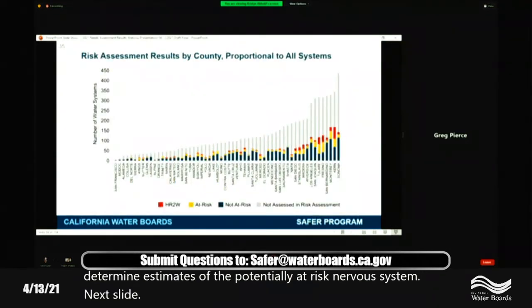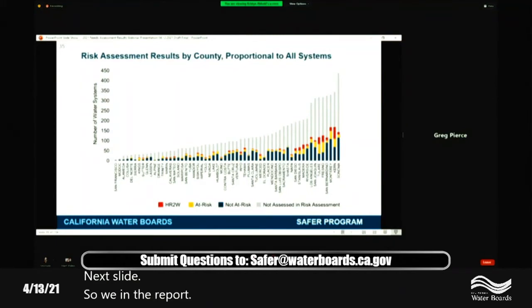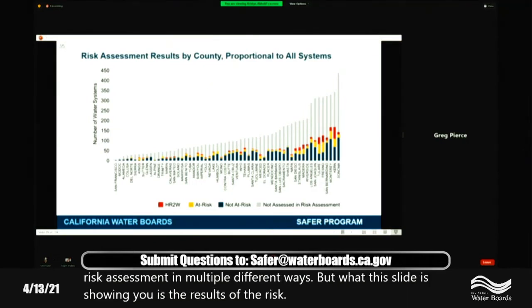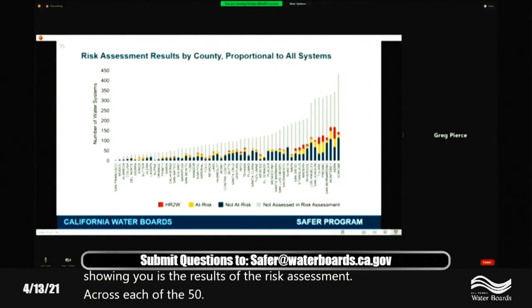So in the report, we break down the overall results of the risk assessment in multiple different ways. But what this slide is showing you is the results of the risk assessment across each of the 58 counties in California.